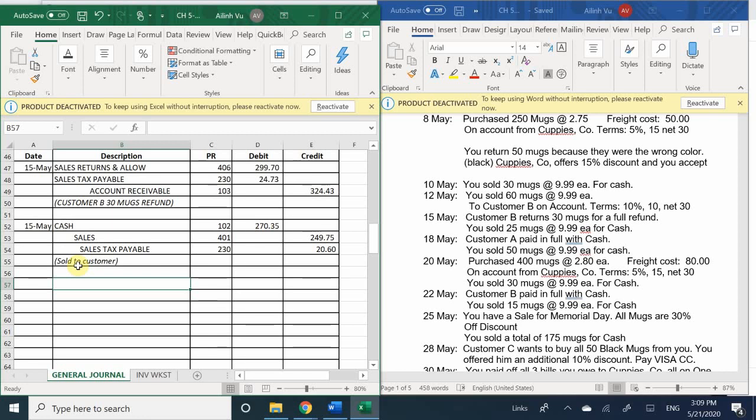It was a purchase. Purchase of 400 mugs at $2.80. Okay, what date are we on? No, I jumped ahead, I'm sorry. We should be on the 18th.